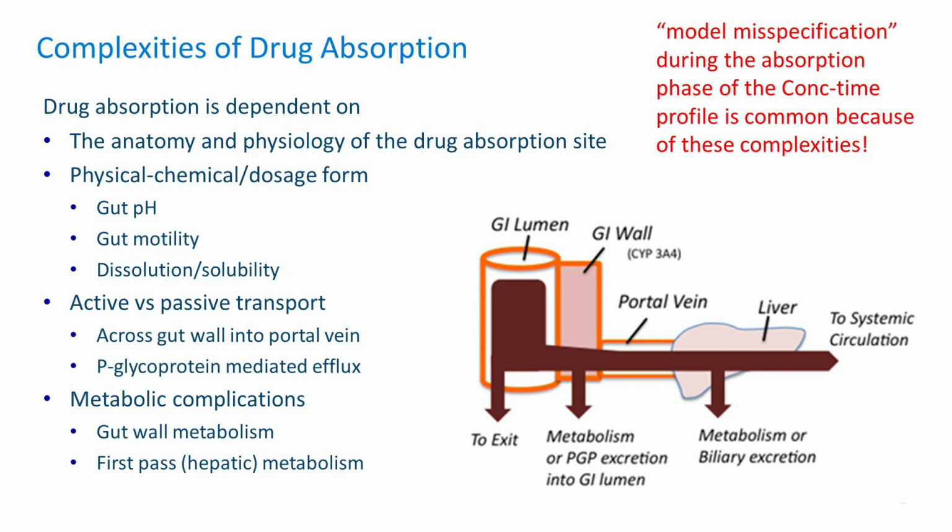Passive transport just goes through a gradient, so that's not really dose dependent, but active transport, such as being pulled by transporters across the gut wall into the portal vein or into the system, or PGP mediated efflux, can be saturated, as I mentioned on a previous slide. And then, of course, there are metabolic complications. We often will lose drug from our dosage form due to gut wall metabolism as well as first pass metabolism, which can cause all kinds of complexities.